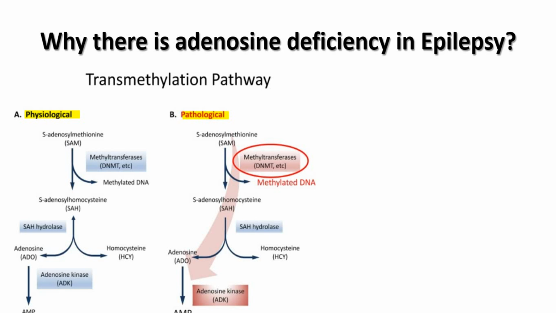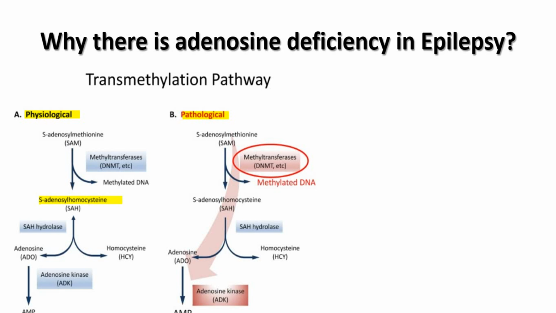Under the influence of methyltransferase, that is DNMT, you have S-adenosyl homocysteine. Under the influence of SAH hydrolase, the adenosine, in the presence of adenosine kinase, gets converted to AMP.